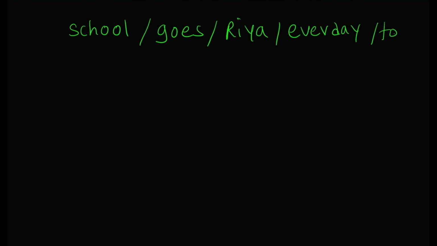Can we understand them? Are you understanding this sentence? Yes, we can understand the words, but we cannot understand the meaning of this sentence. Why? Because they are not in the correct order, right?